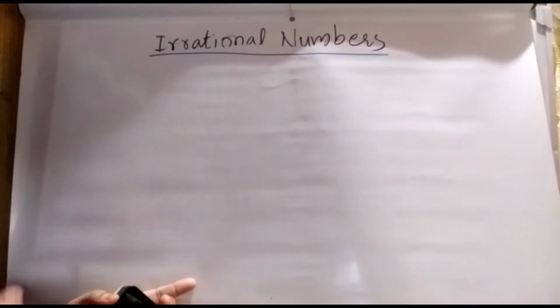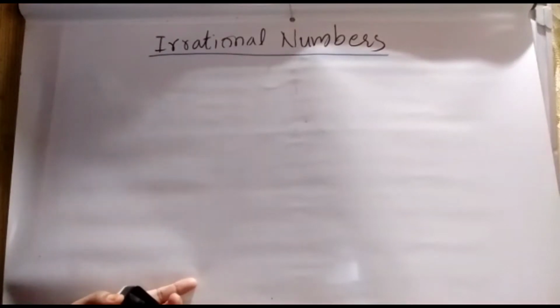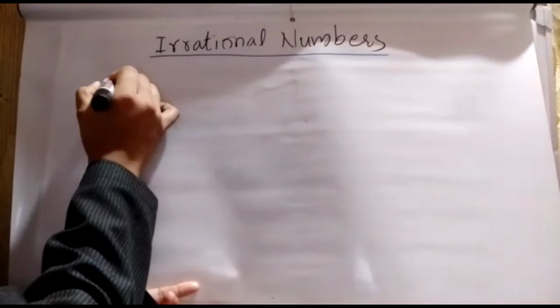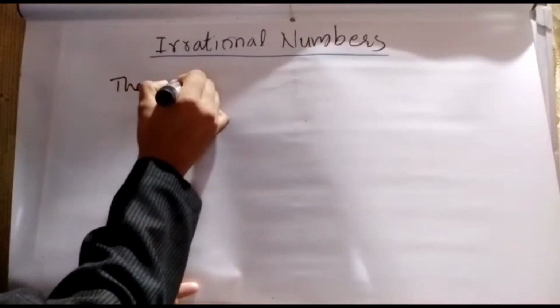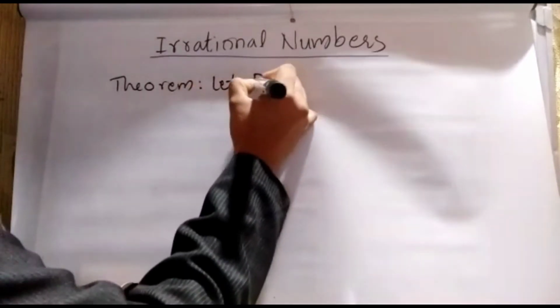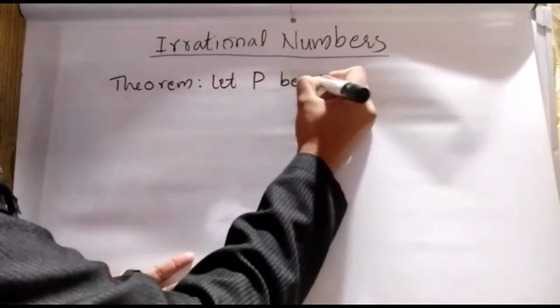Dear children, let's discuss how to prove root 2 is irrational. Before that we have to learn one theorem. This theorem says: let p be a prime number.